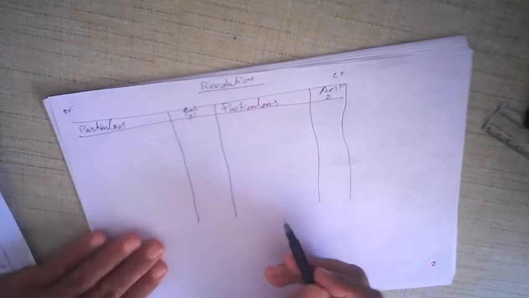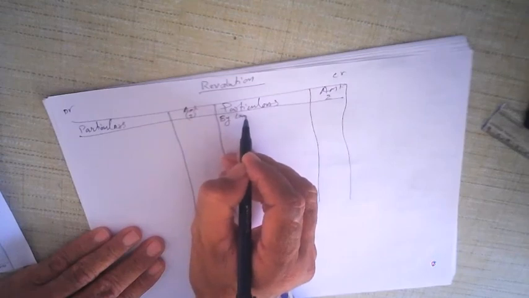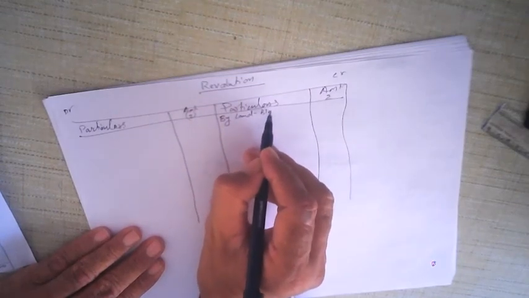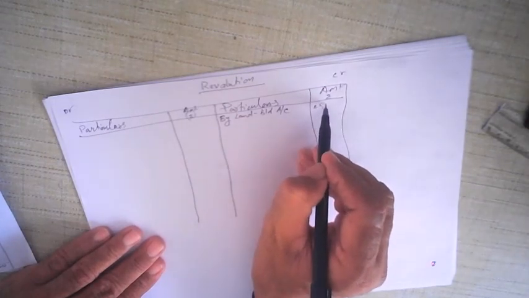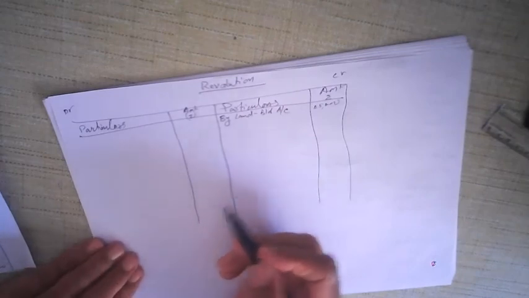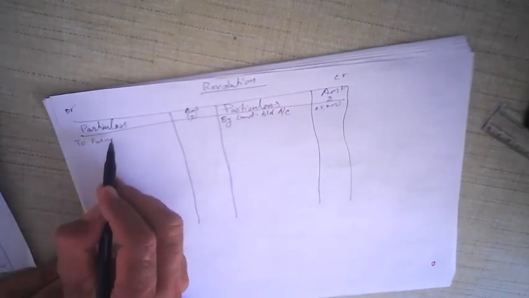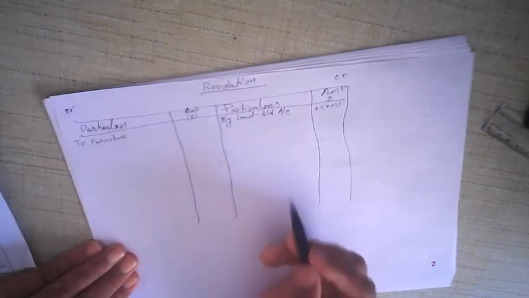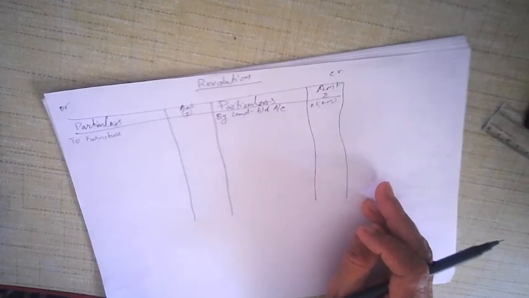Land and building increased, so here by land and building account, the amount increased was 25,000. Then furniture had decreased, so right here to furniture account. This was the second journal entry, to furniture account. I am looking at the journal because the journal is already prepared.